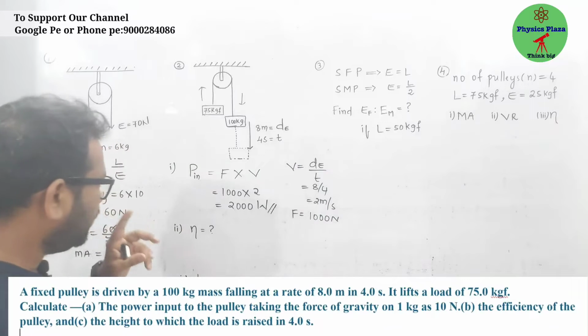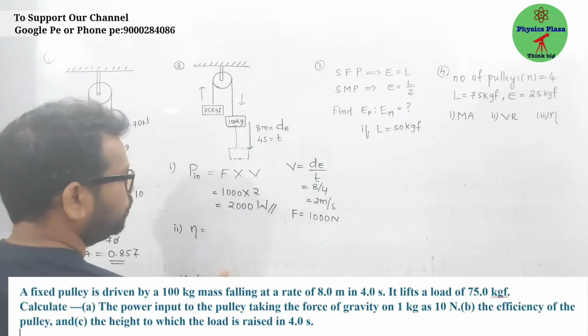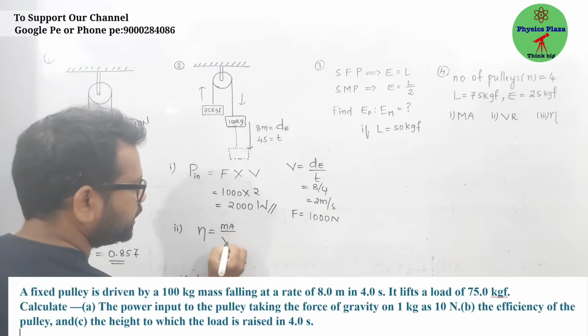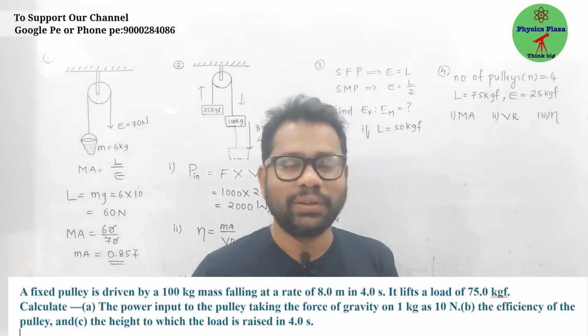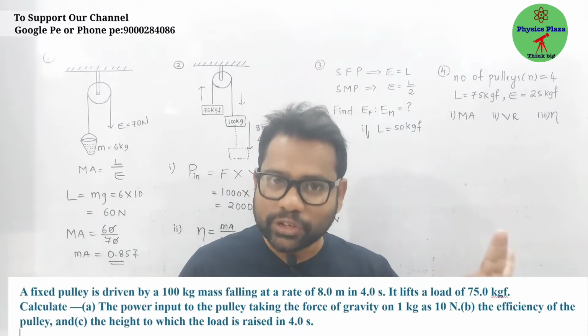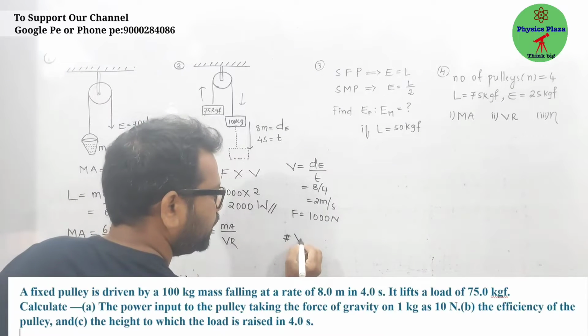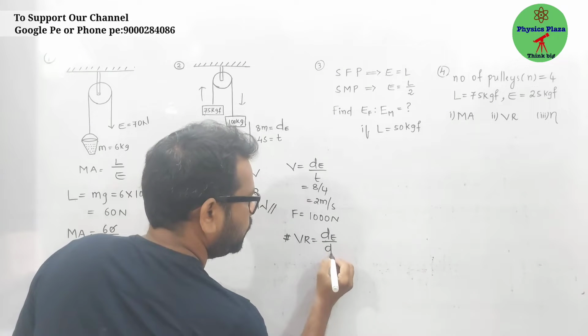And efficiency they are asking. Efficiency is equal to mechanical advantage by velocity ratio. Here mechanical advantage is not given, velocity ratio is also not given, so we need to calculate them. First of all, velocity ratio is effort displacement by load displacement.